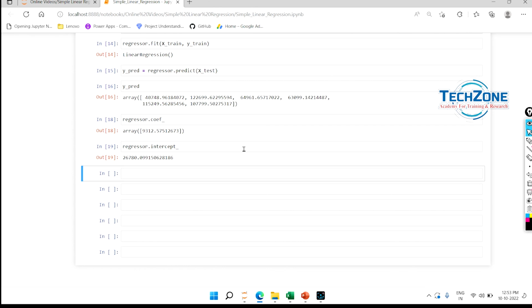Which means y is equal to b0 plus b1 x, right? So our model has given us this function or this hypothesis, where b0 is the intercept, that means this value, 26780 point something, plus b1, which is 9312.5, multiplied by the value of x.